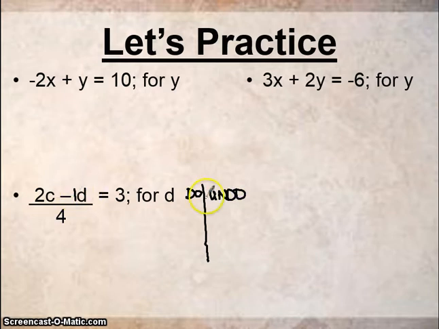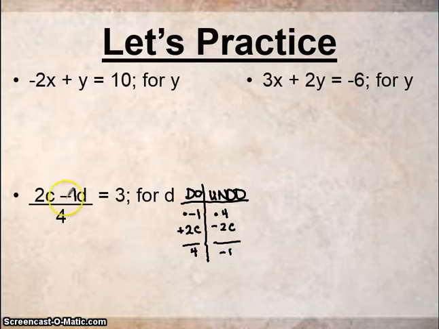A 1. So our do side is going to say d is being multiplied by negative 1. See how it's multiplying negative 1? Then 2c is being added to it, and it's being divided by 4. So to undo it, we'll multiply by 4, take 2c away from each side, and then divide by negative 1.